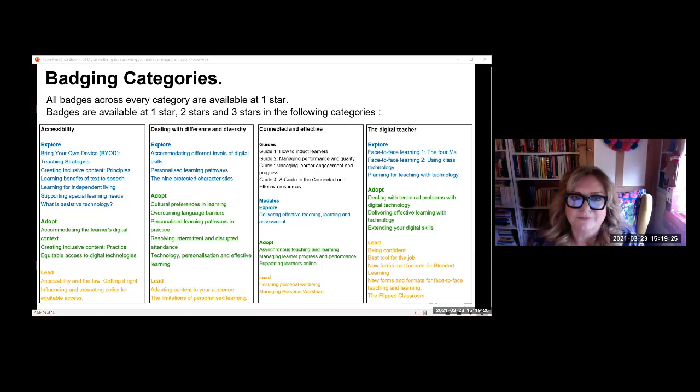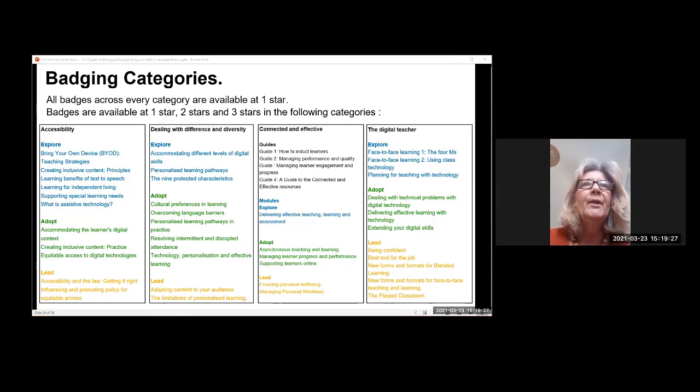So it's very much a focused piece of learning. If you achieve a badge, you can add these digital badges to both your Facebook and LinkedIn profiles.